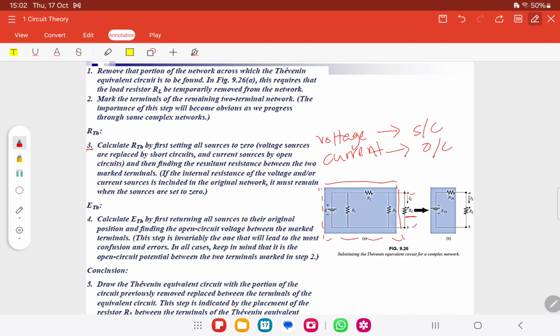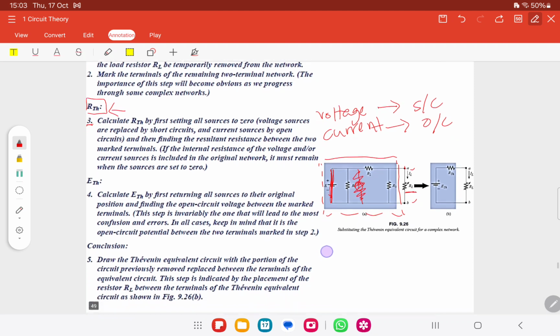Any current source, open circuit. Contohnya for here we have 1 voltage source, so dia akan short circuit. This one is when we want to get the value for RTH. Nak cari value RTH, short circuit voltage, open circuit current source. Contohnya yang current source tu, contoh kalau kat sini ada current source, so this one consider as open circuit. Dia jadi tak ada lah.